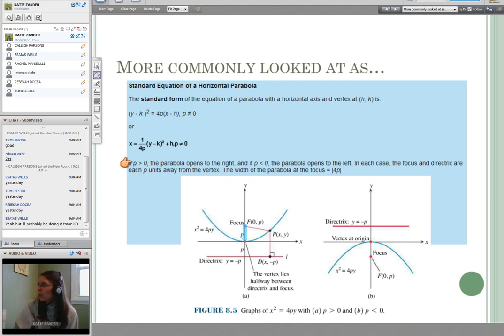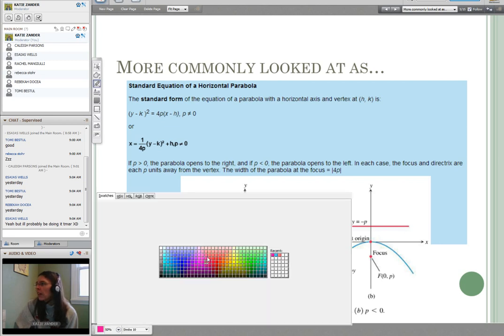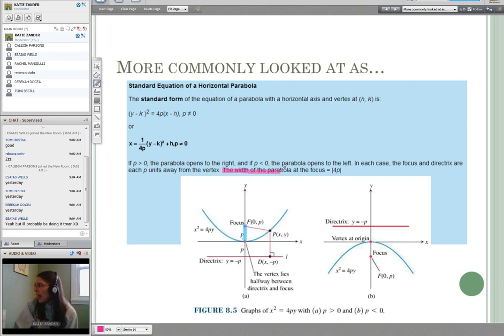Okay, so if you don't want to write this, that's okay. I probably would put this down. I think it might be in our upcoming slide as well, but the width of the parabola at the focus is equal to 4 times p, and that's the absolute value of 4 times p.